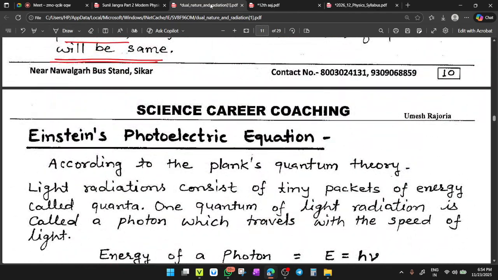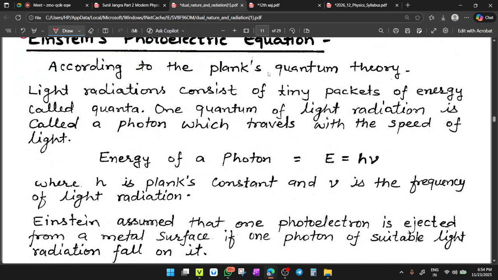Okay, starting our next topic, Einstein photoelectric equation. According to the Planck quantum theory, light consists of tiny packets of energy called quanta. One quantum of light radiation is called a photon, which travels with the speed of light. We have studied earlier that the energy of the photon is given by E equals h nu.